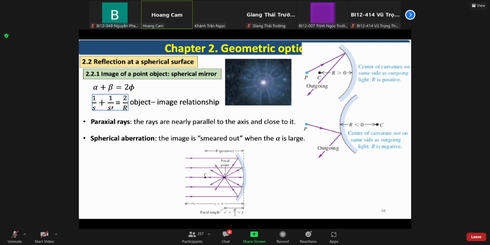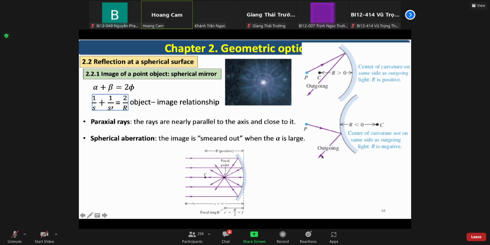In the area of optics, some people want to fix this issue as well. We will deal with that later on in the next chapter, like how we can fix the spherical aberration to have a precise image.